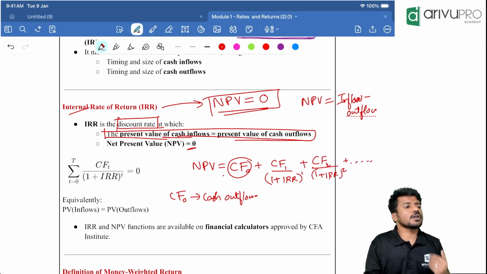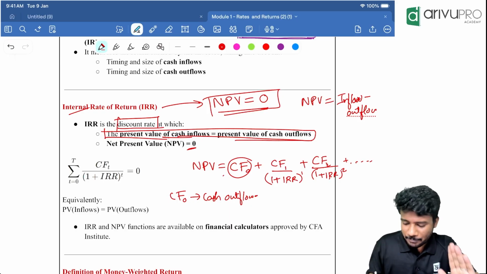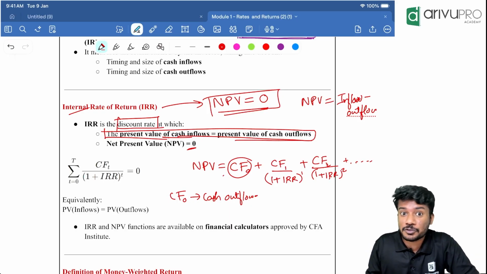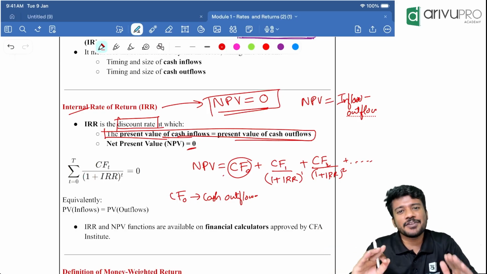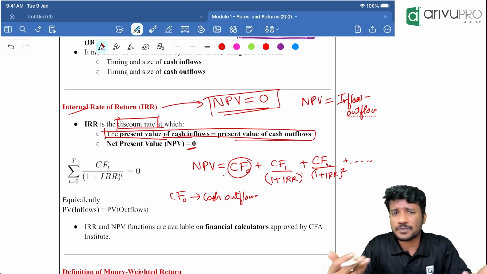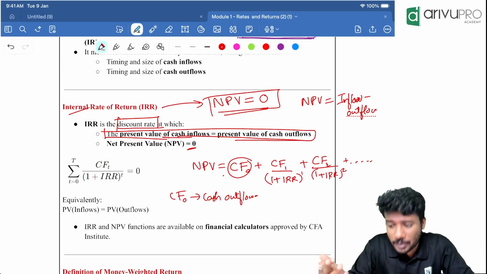That is the usual way of writing NPV. You might think that everywhere there is a plus sign, and inflow and outflow should be opposite, right? When we take the values, we assume inflow is positive and outflow is negative. We will do that in the calculator.